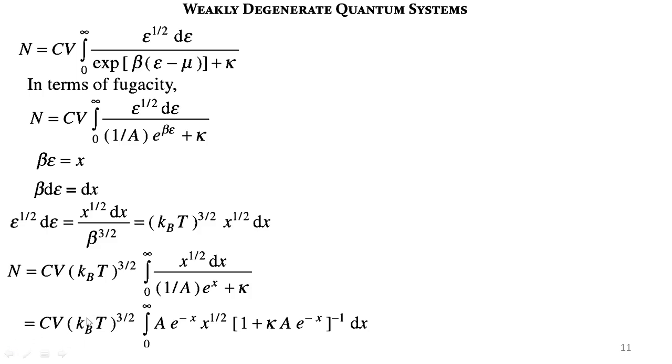This term remains as such, so this is equal to the integration over dx from 0 to infinity. Now what we are doing here is, in this denominator, let us take A as common. I mean, let us add this term, taking A as an LCM, and then what will be there in the numerator?